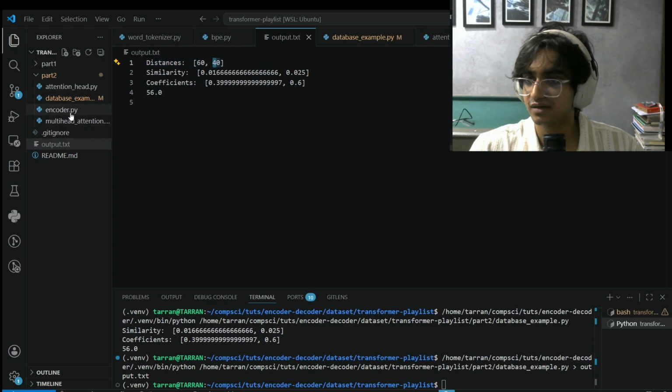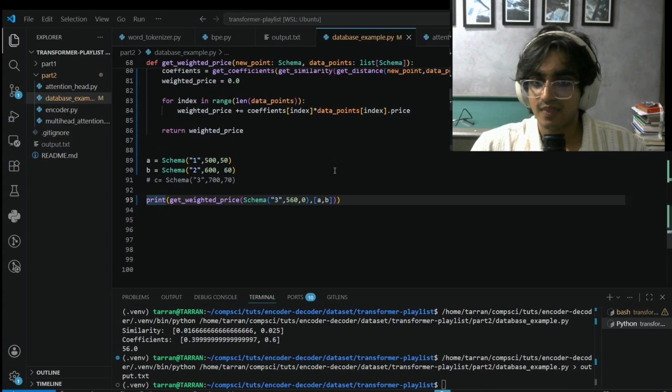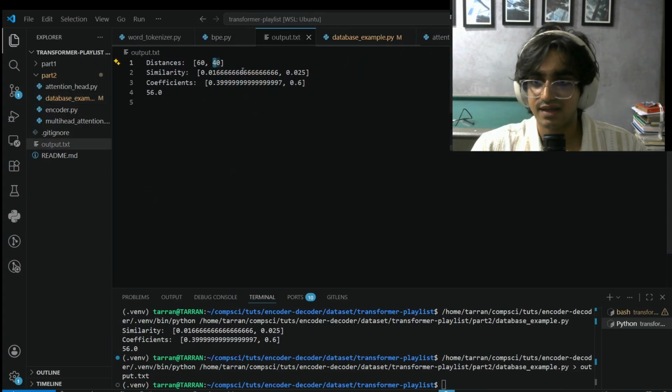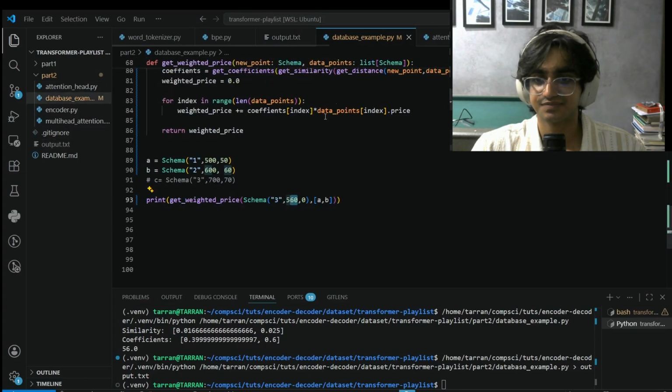So a new point, let's just go back to this code. We'll compare it with a new point, 560. And if we look at that, we got 60, 40. We got a similarity, 1 over 60, 1 over 40. Got our coefficients. And we finally got our value, 56. 56 is the weighted value.